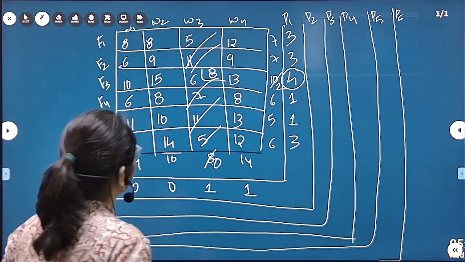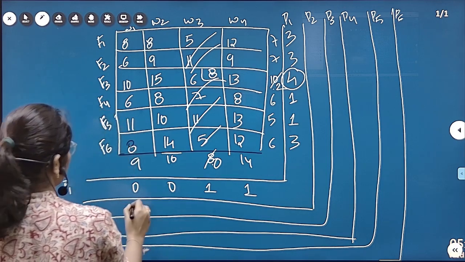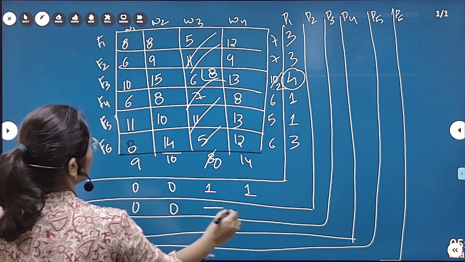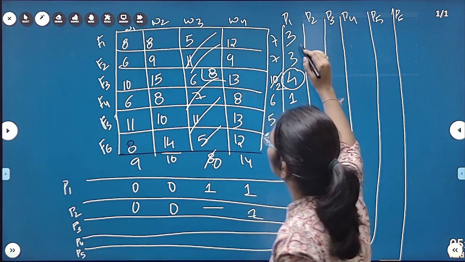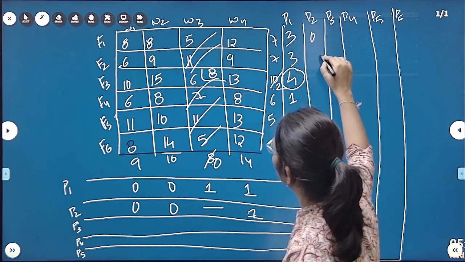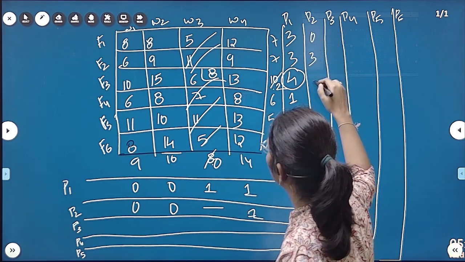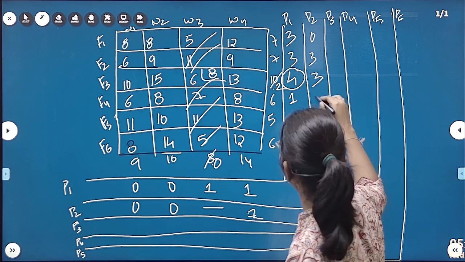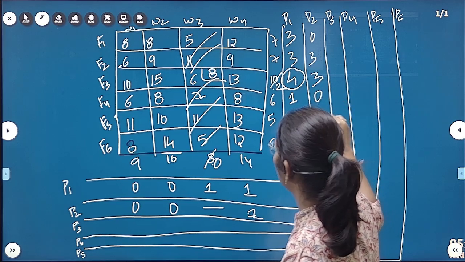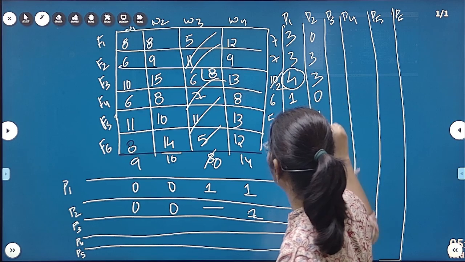Okay. So next one, tell me here 0, 0. 0, 1. Here 8 minus 8, 0. 9 minus 6, 3. And 10 minus 13, 3. 8 minus 8, 0. 10 minus 11, 1.